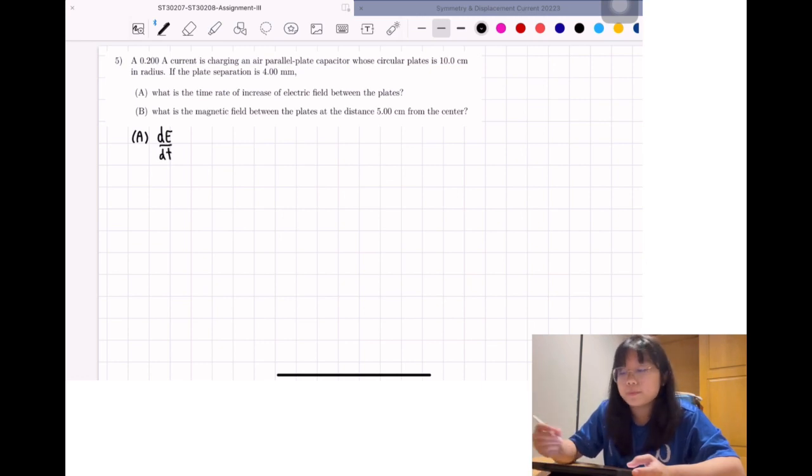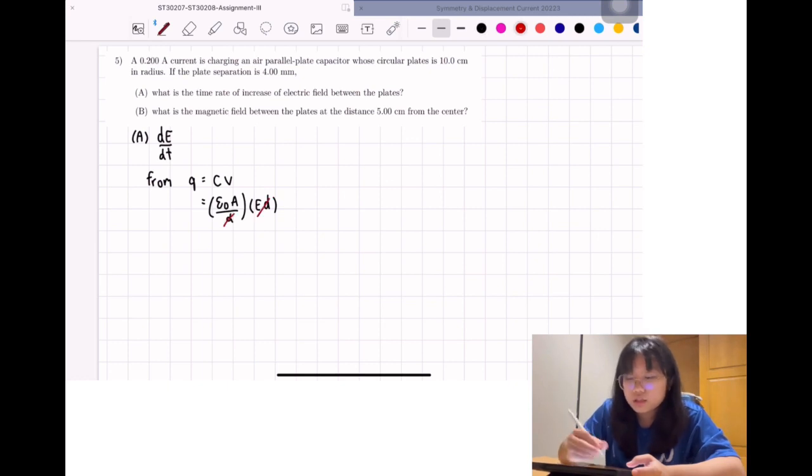From Q equals CV, C is equal to epsilon 0 A divided by D, and V is equal to ED. We can get that Q is equal to epsilon 0 AE.